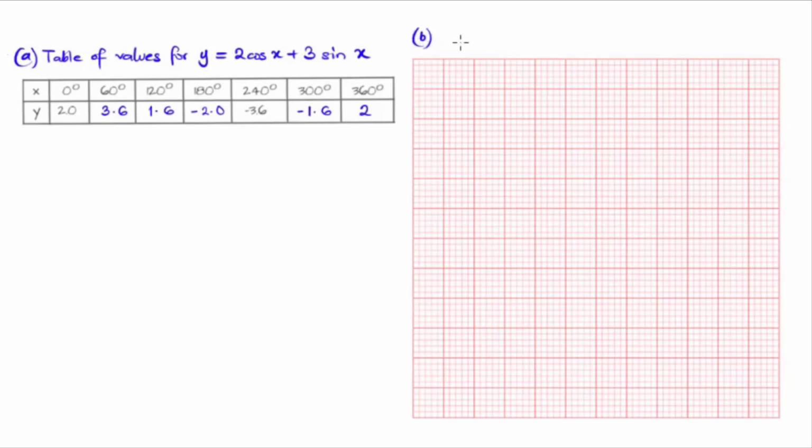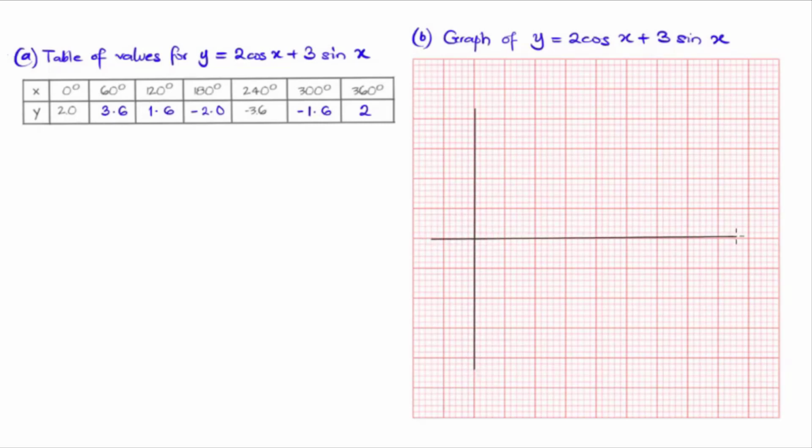Now we want to plot the graph for that particular equation, graph of the function y is equal to 2 cos x plus 3 sin x. We've been given the scale to use, but we need to see the distribution of our axes. Now, for example, on the x-axis, we don't have any negative value for x.